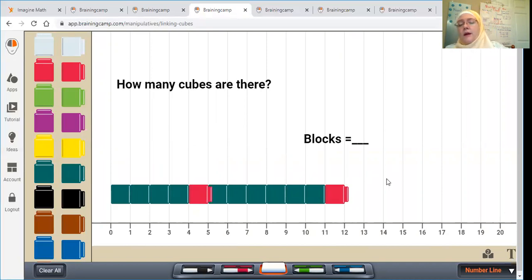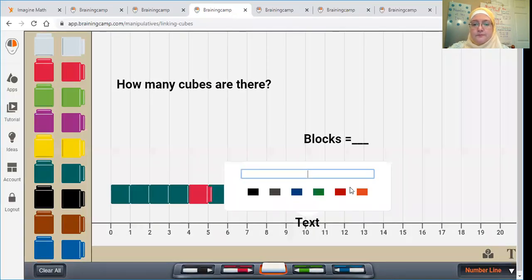We could count that way. And we also want to make sure that it didn't ask us something more specific. Now, it didn't say how many turquoise cubes, how many pink cubes. It says how many cubes are there. That means all together, no matter what color they are. So let's go ahead and put our number in there. 12.